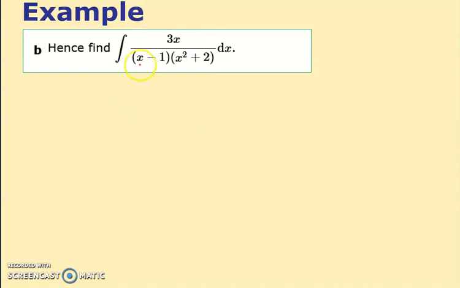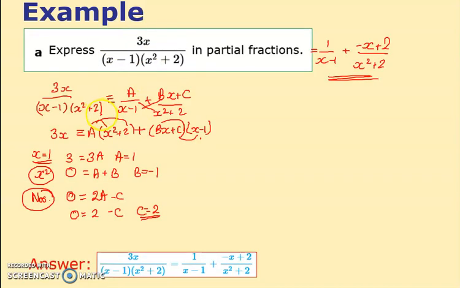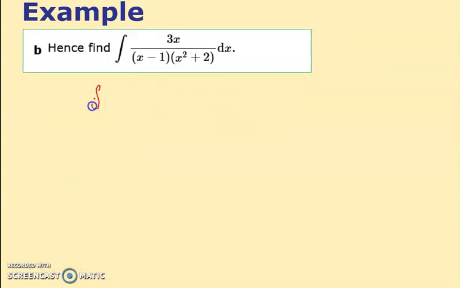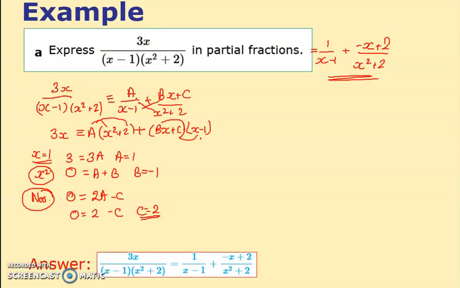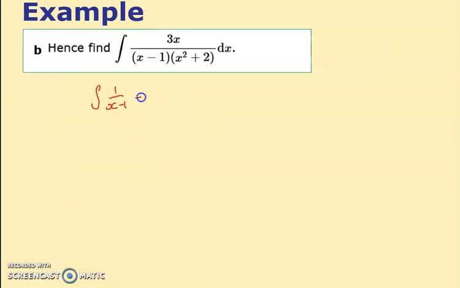And so having got that, they now want me to integrate. It's quite common to get this second part once you've done it. So let's just remind ourselves, we've got 1 over x minus 1. So really this is integrate 1 over x minus 1. And what else did I have? It was plus that. So plus minus x plus 2 over the x squared plus 2 dx.